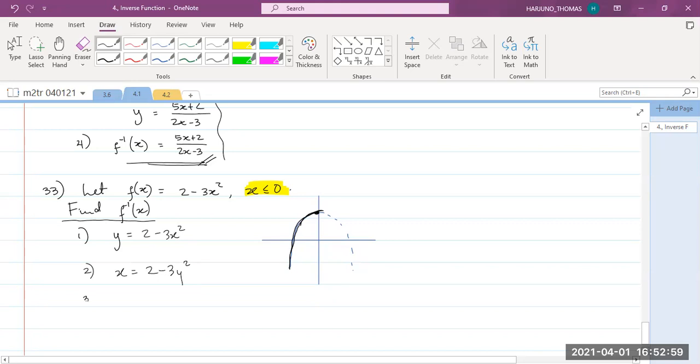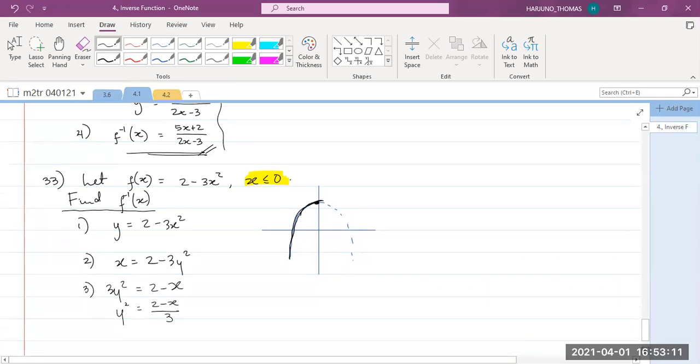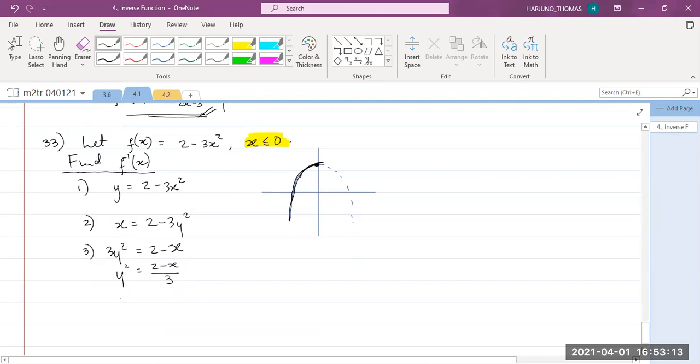Step 3, you solve for y. So 3y squared equals (2 minus x) divided by 3. And then y equals, well, when you apply the square root, you need to put plus or minus.